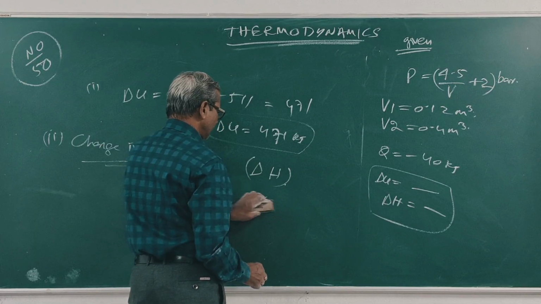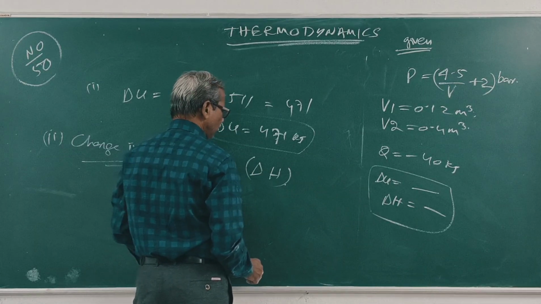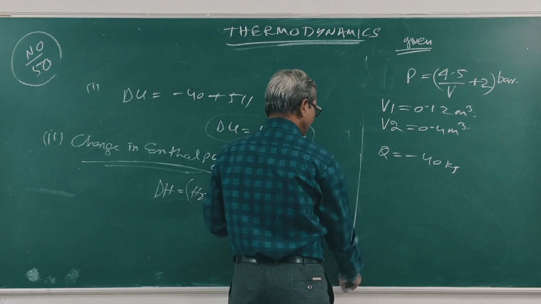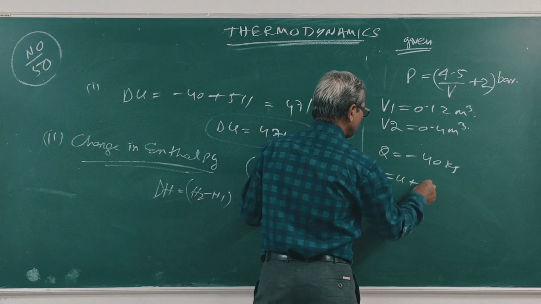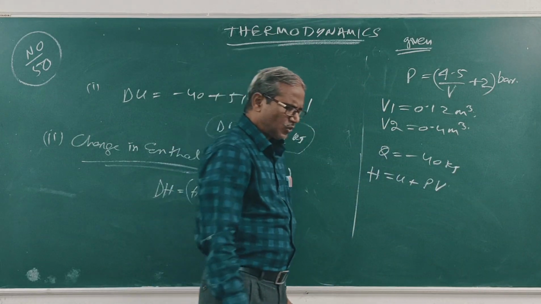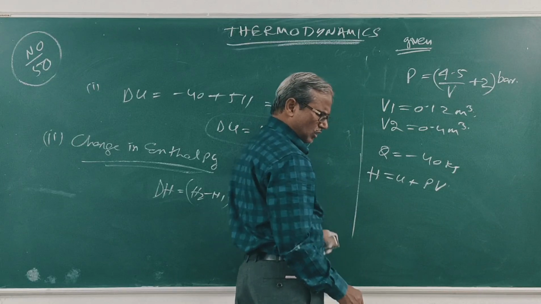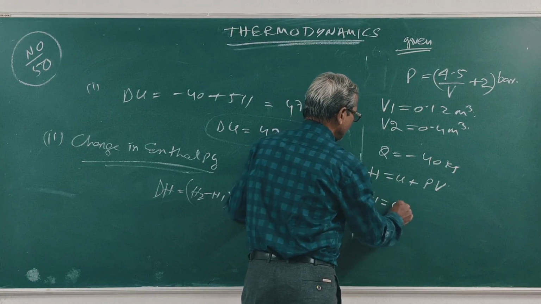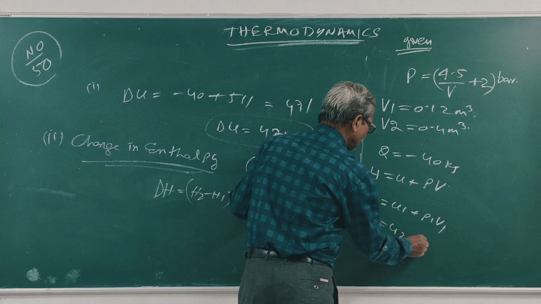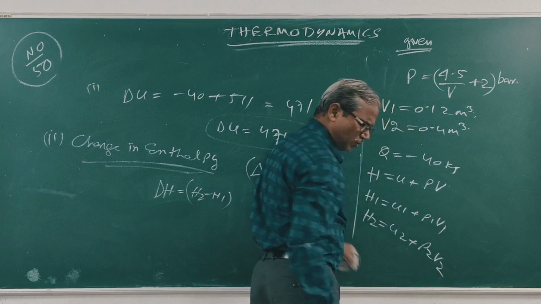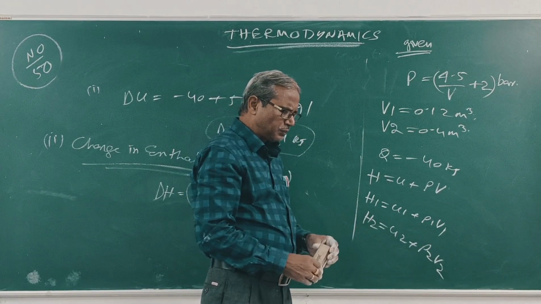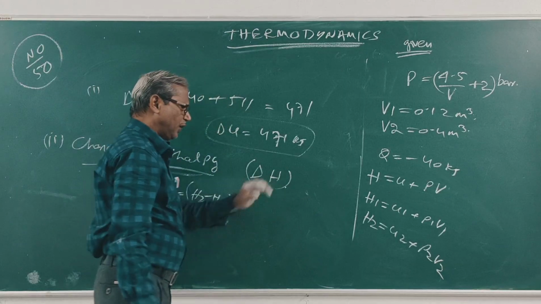What is H? We know enthalpy H is equal to U plus PV. H1 is equal to U1 plus P1 V1, and H2 is equal to U2 plus P2 V2. Right? First find out what is P1 and what is P2.